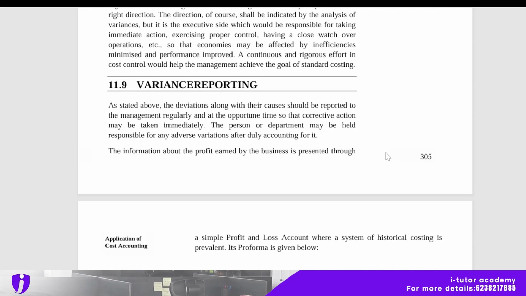And the next is variance reporting. As stated above, the deviations along with their causes should be reported to the management regularly and at the opportune time so that corrective action may be taken immediately. The person or department may be held responsible for any adverse variation after duly accounting for it.